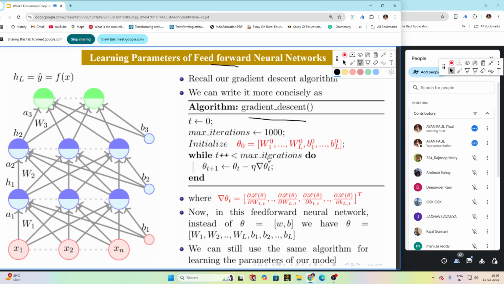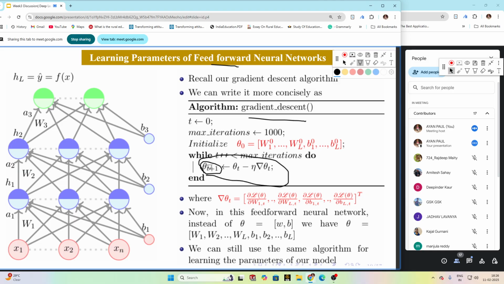We will see that whenever we are calculating this. You all know what gradient descent is, right? Last class we learned this: theta t+1 equals theta t minus eta times delta theta t. What is theta t+1? Theta is the combination of weight and bias.